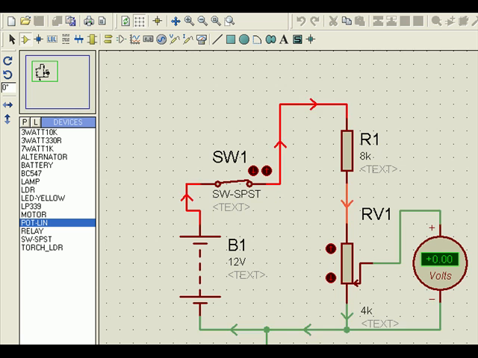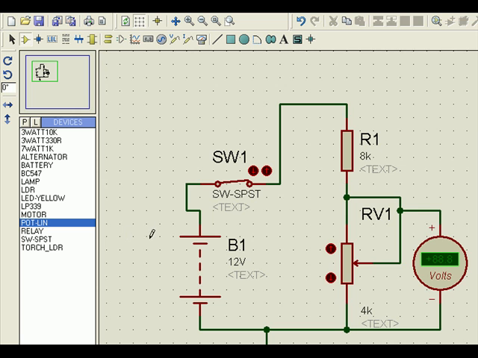Now next, after understanding the potential divider, let's see how we sometimes use a variable resistor in a slightly different fashion. Like for example, I delete this, and what I do is, I take this connection and give it here, and give it, say, here.